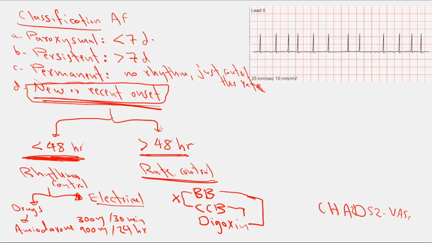Calcium channel blocker can be combined with digoxin if the patient is not responding. If a patient has AF plus heart failure, the best choice to start with is digoxin. So either rate control if more than 48 hours, or rhythm control if it's less than 48 hours.